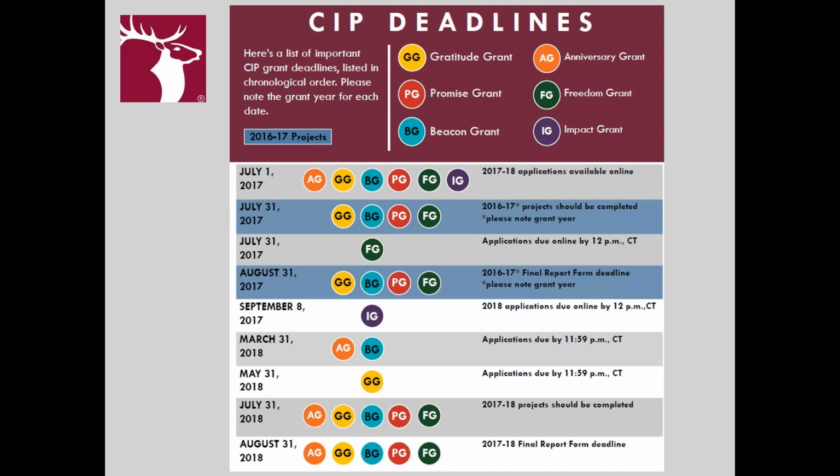Those are different dates. And then business as usual, next year's final report forms are due July 31st. Next year's project should be completed by July 31st, and final report forms are due by August 31st. Those dates, as you notice, are the same every year, just change the year. So important to keep in mind.